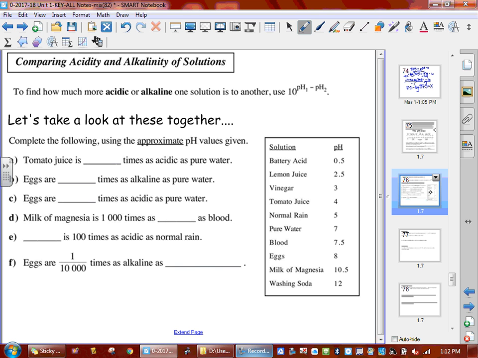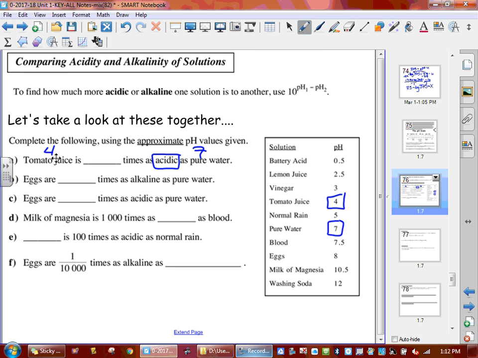So, we're comparing tomato juice to pure water. So, tomato juice is a 4. And we are comparing to pure water as a 7. We want to say which one's more acidic. Now, we're comparing it in terms of acidity. Who's more acidic? Right, the tomato juice. Now, how much more acidic? It's going to be 10 exponent 3. We're going to take 7 and subtract 4.